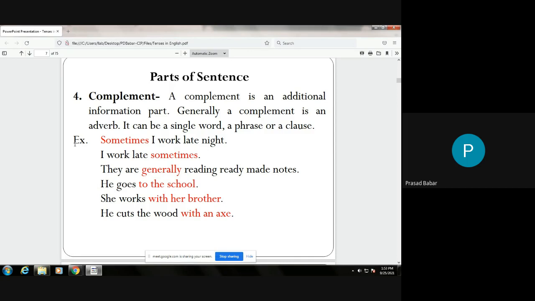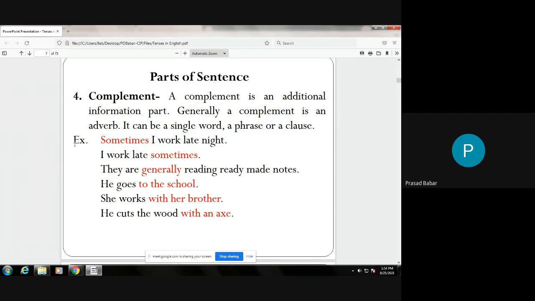See the next example. She works with her brother. With is the adverb, and her brother is the noun phrase. So with her brother is the complement of the sentence.